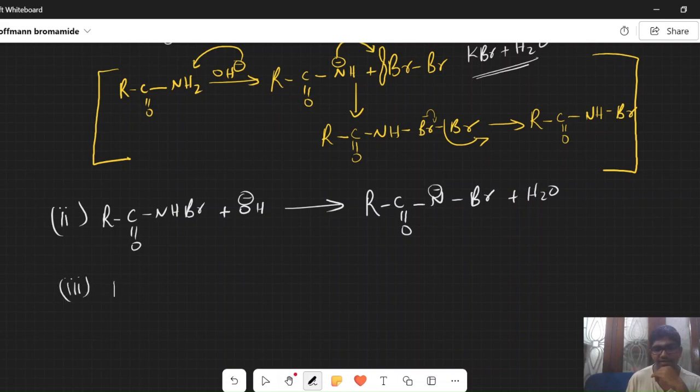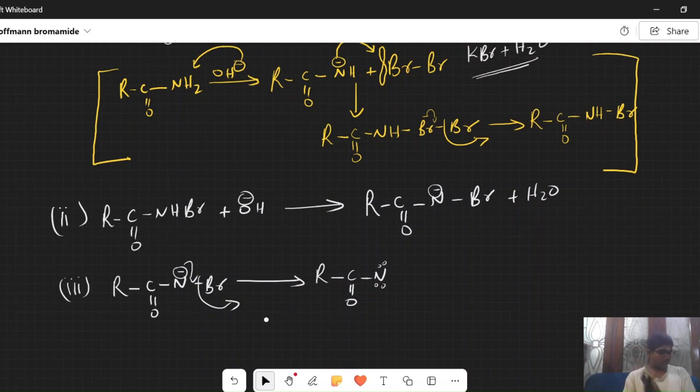of the mechanism is RC double bond O N minus Br, giving, Br minus goes away, giving RC double bond O N with a lone pair.